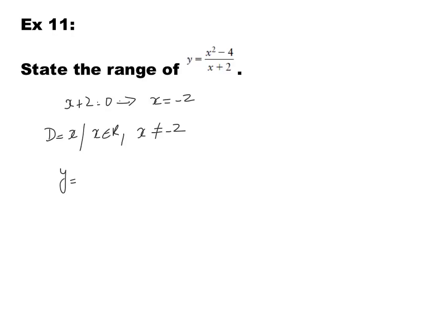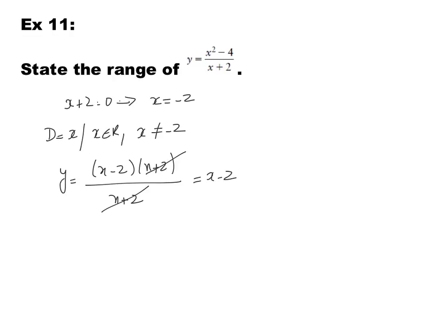The numerator is a difference of squares, so I can write this one as x minus 2 times x plus 2 over x plus 2. Since x cannot be negative 2, I can safely simplify x plus 2, so I get y is equal to x minus 2.